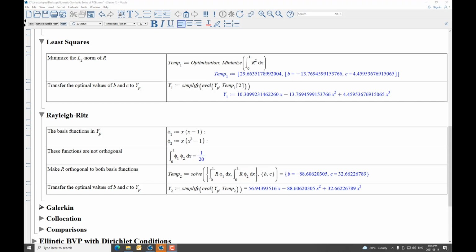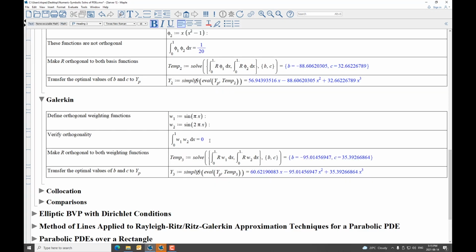In the Galerkin approach, the residual is made orthogonal to weighting functions that are chosen to be themselves orthogonal. So I picked these two functions. They are orthogonal on 0, 1. That gives you values of B and C, and it gives you an approximate solution.